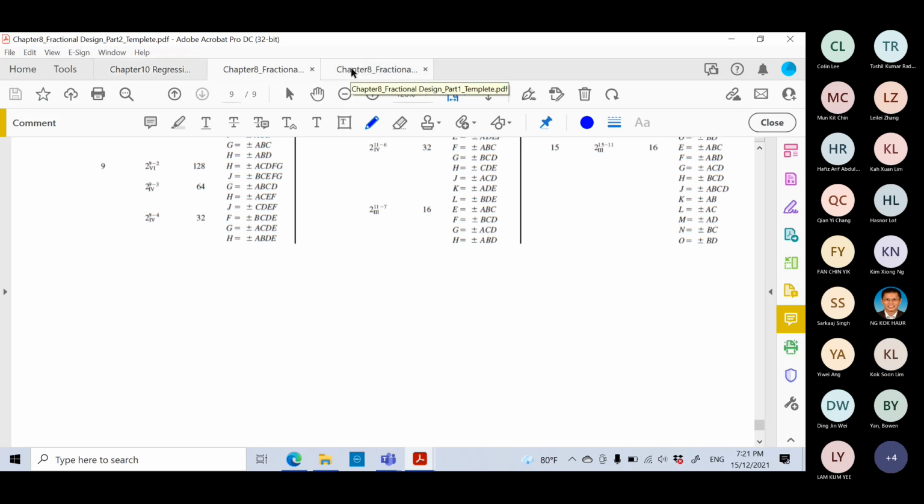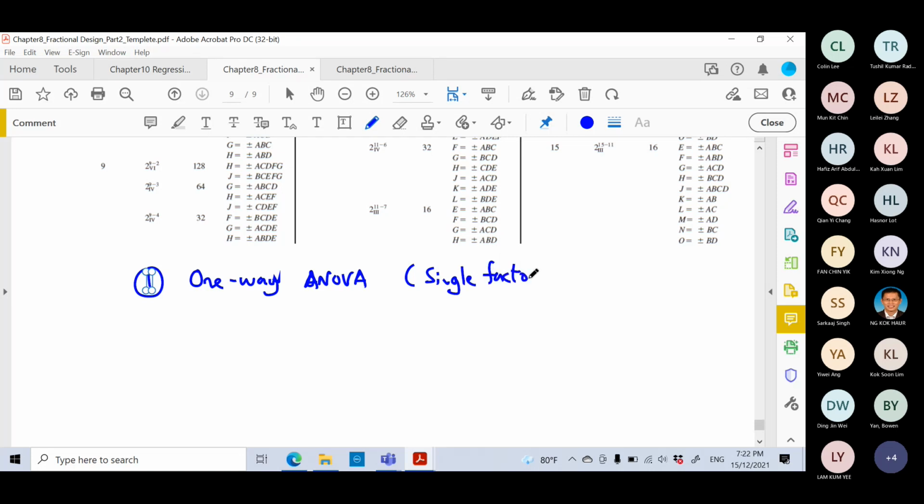So far, from the beginning of what you have studied, before I go to the regression here, the first one you learned is just the one-way ANOVA. You have a single factor, and you already know what a single factor model looks like.